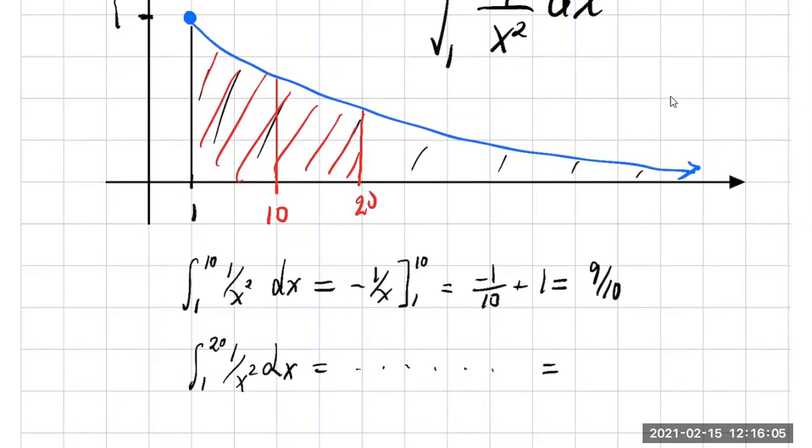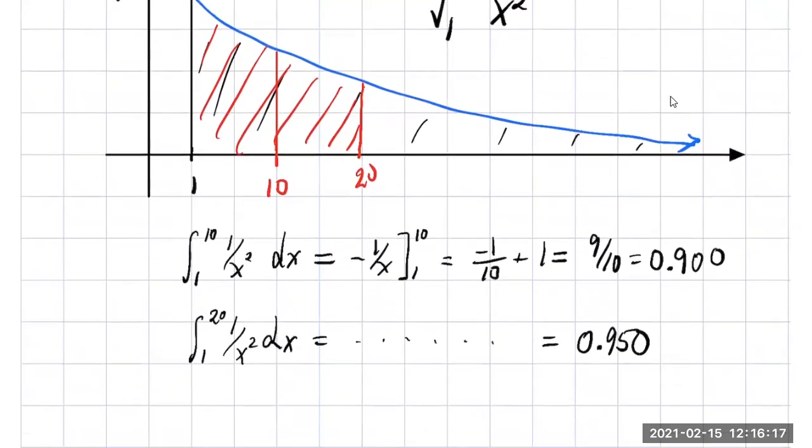I'll let you fill in the details, but if you do, you'll get that. Let's push out the 20 to the 40, and calculate all the area from 1 up to the 40.